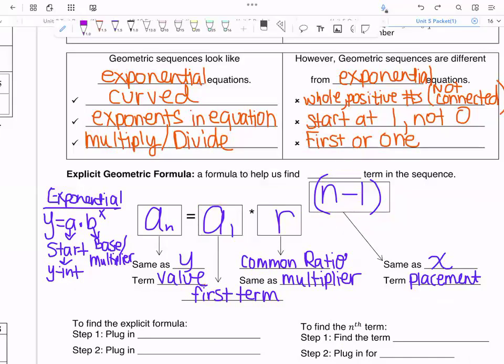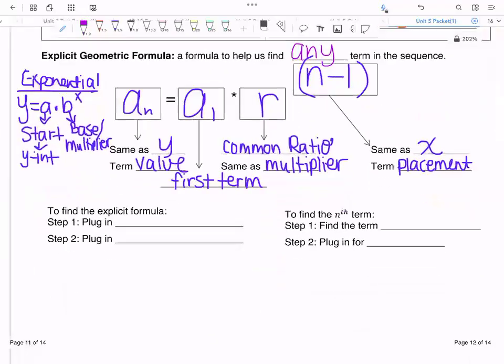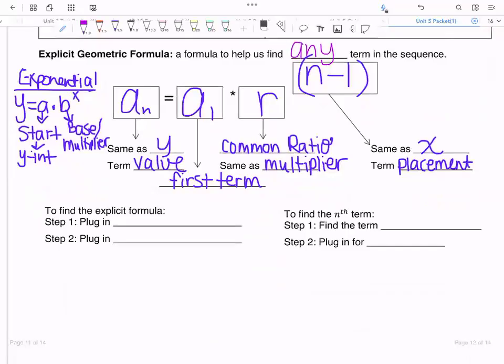So explicit formulas help us to find any term in the sequence. So if we want to find the 100th term, we can just plug in a 100 for n and figure out how high our bounce would be after 100 bounces. Right, so to find our explicit formula, we only need two things. We need our first term and our common ratio. So on our top example, our first term was 48.